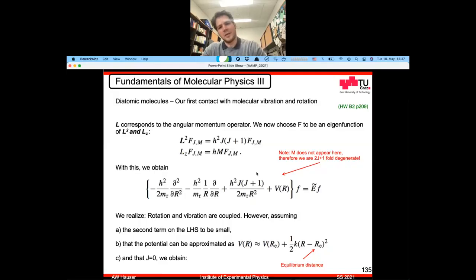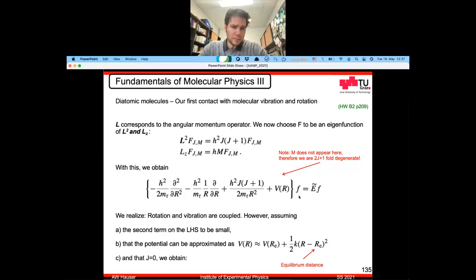We would like to solve now this differential equation, this eigenvalue problem, to obtain a set of energies and corresponding eigenfunctions F.